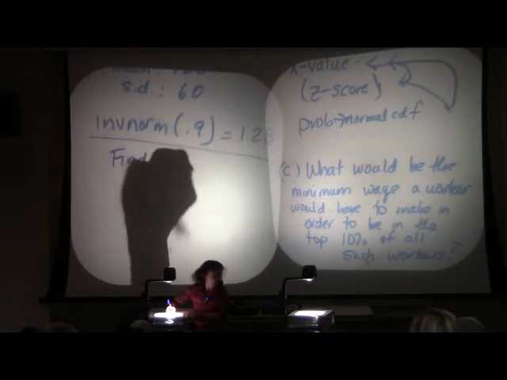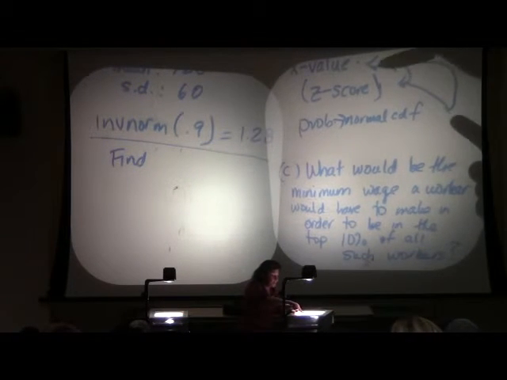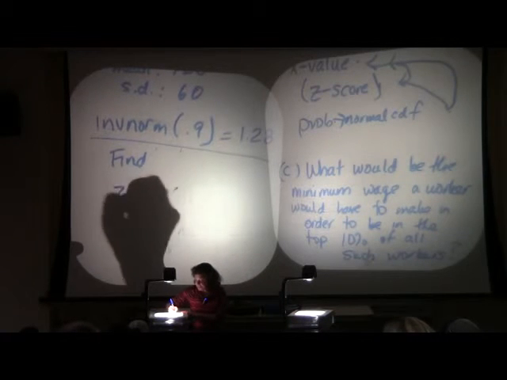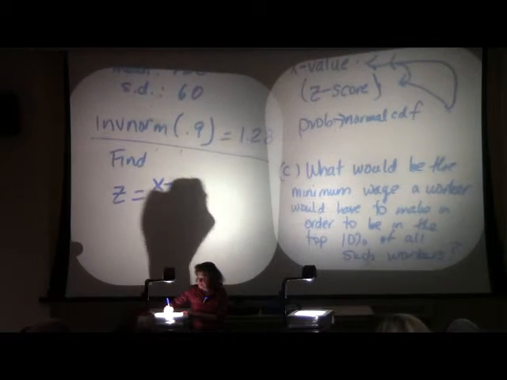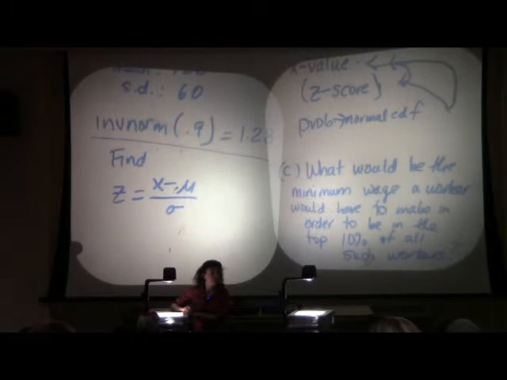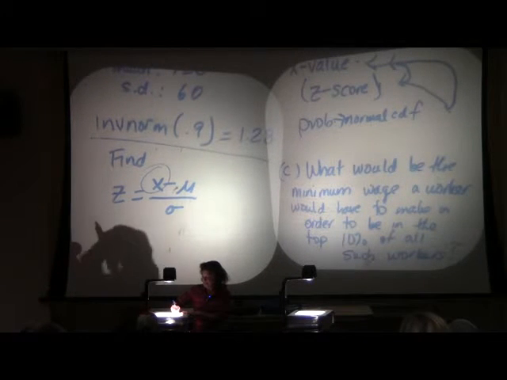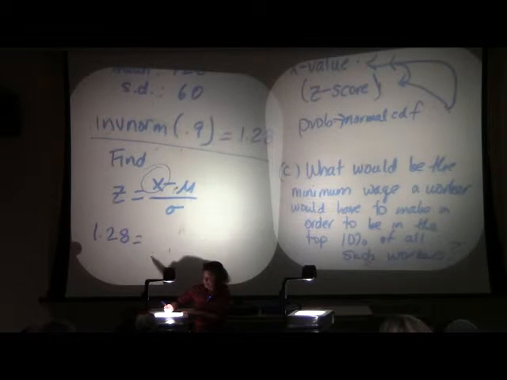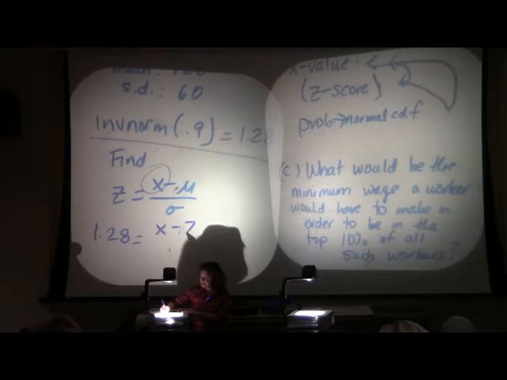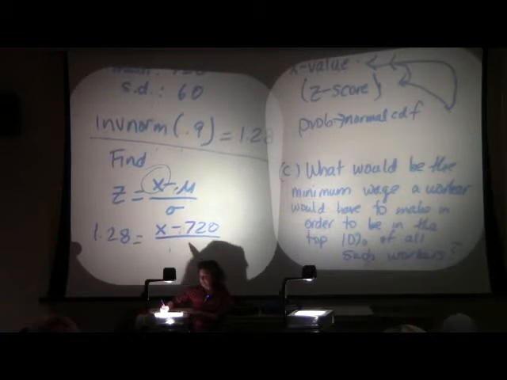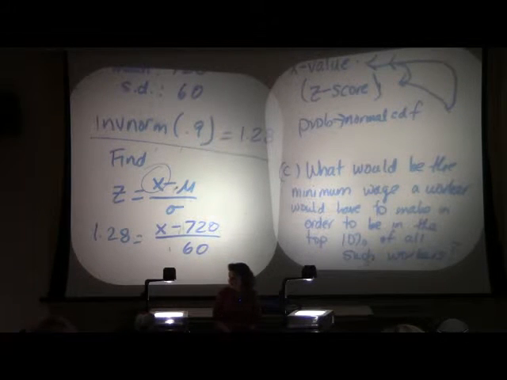We have to find, see, we went from here to here. Now we have to find that x value. You use the same formula, but now we're looking for x. Our z is 1.28. We're looking for x, and our mean is still 720, and our standard deviation is still 60.